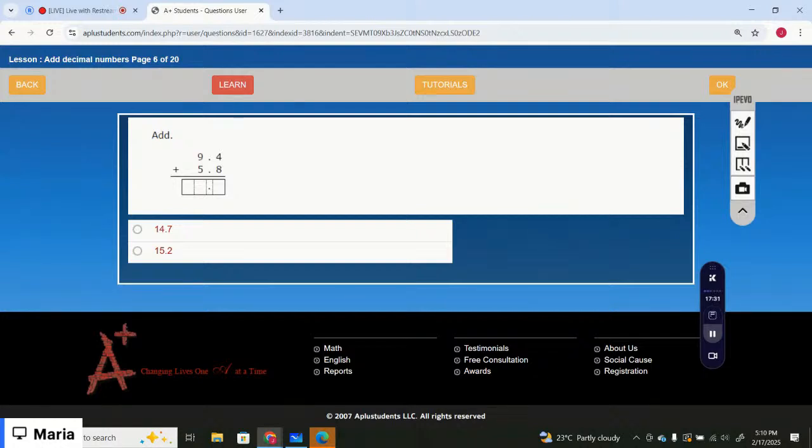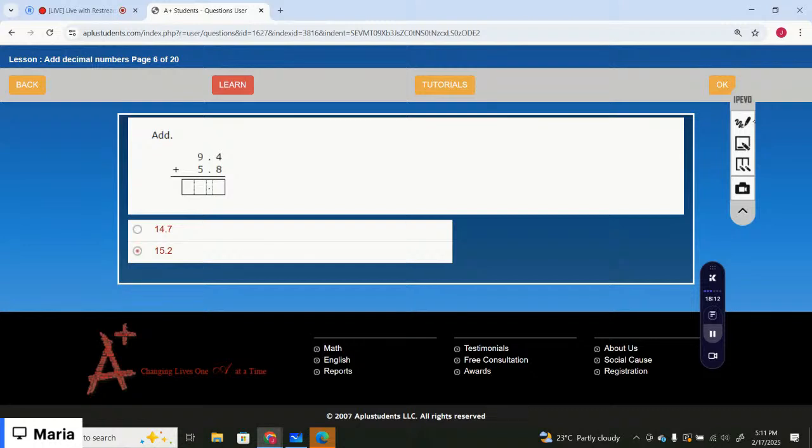9.4 plus 5.8, which is the correct option? That is 15.2.